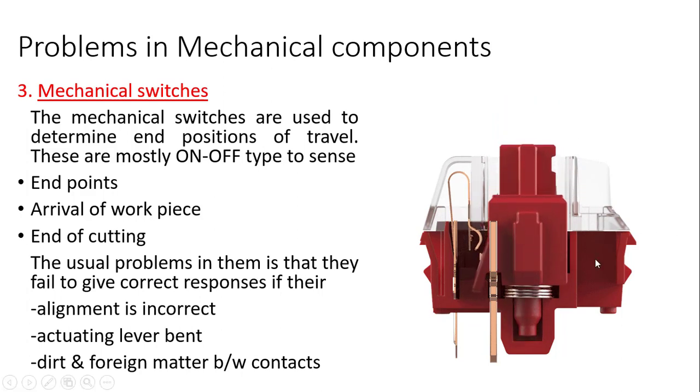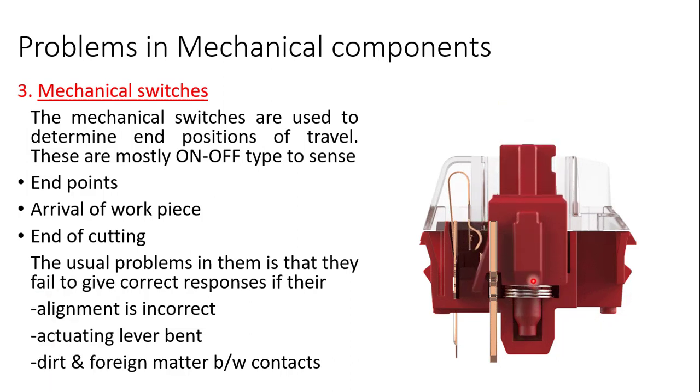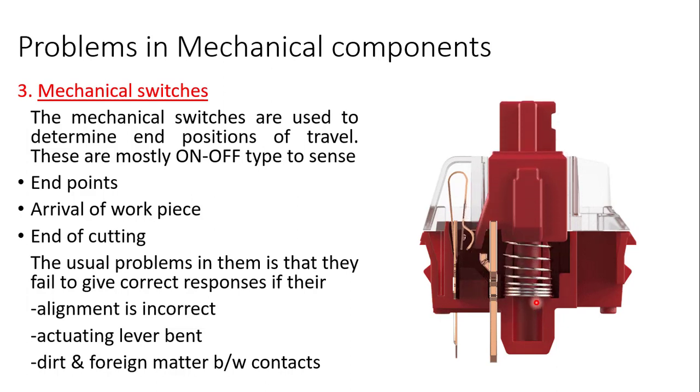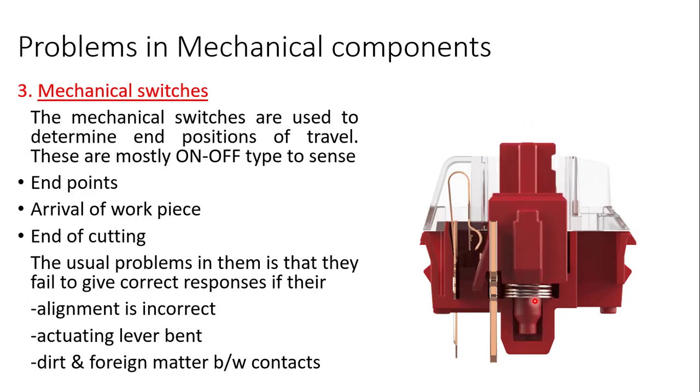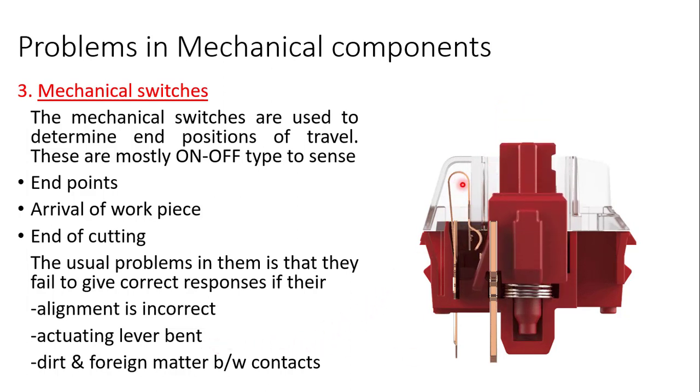As you can see in this case, this ram is going up and down. If the alignment is displaced or incorrect, then there is a problem reaching this point. Then the actuating lever may bend. This is your actuating lever which is actuating here.